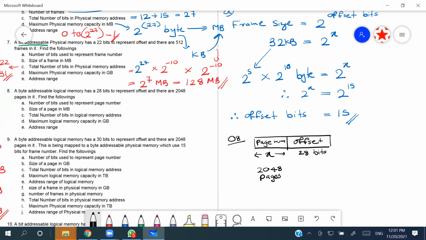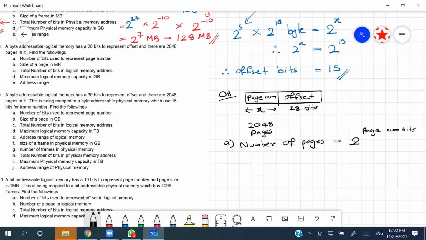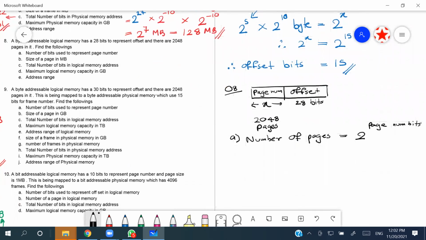So the part A is asking the number of bits used to represent a page number. So how are we going to take it? Number of pages is equal to 2 to the power page number bits, right? There are 2048 pages.